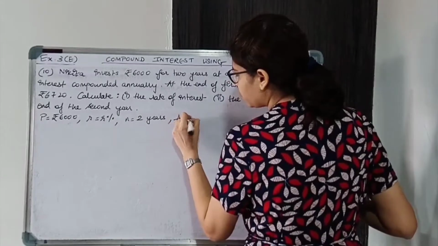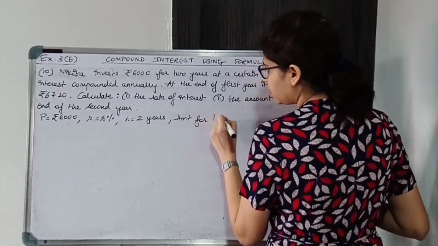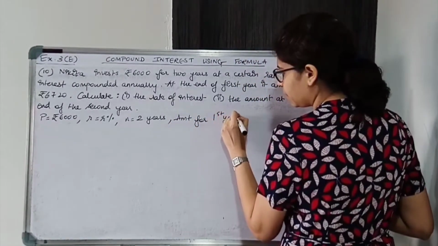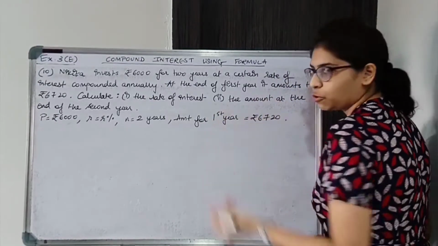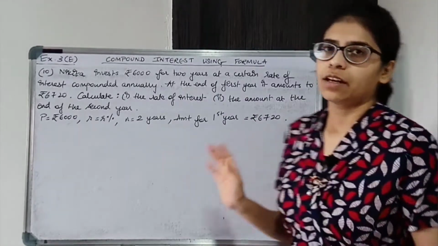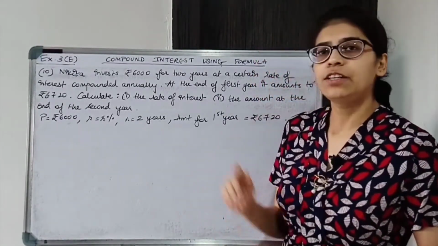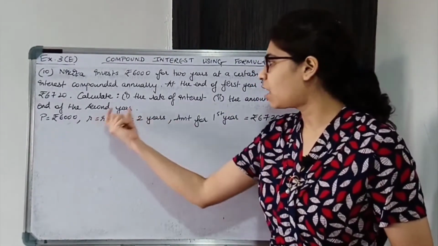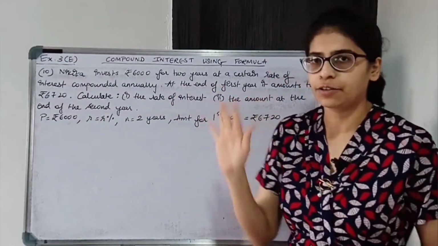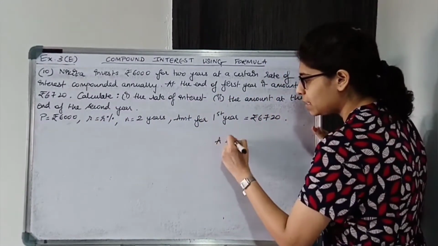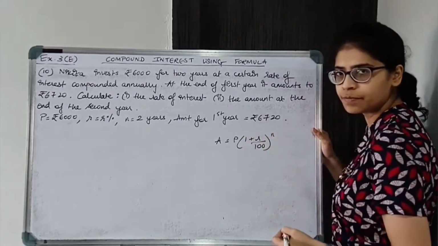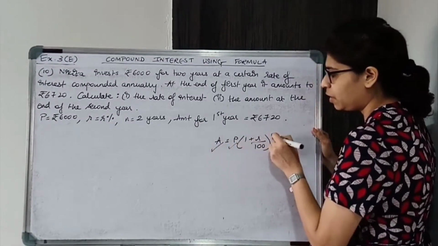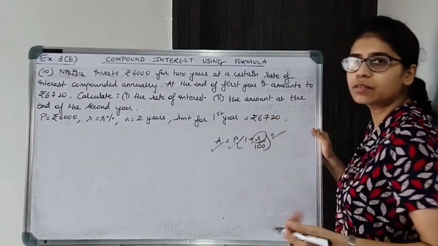So amount for first year or 1 year is rupees 6720. Now over here we'll use the formula of amount to find R. First we have to find R, the rate of interest. So A is equal to P into 1 plus R upon 100 raised to N. We know A, we know P, we know N, we can easily find R.